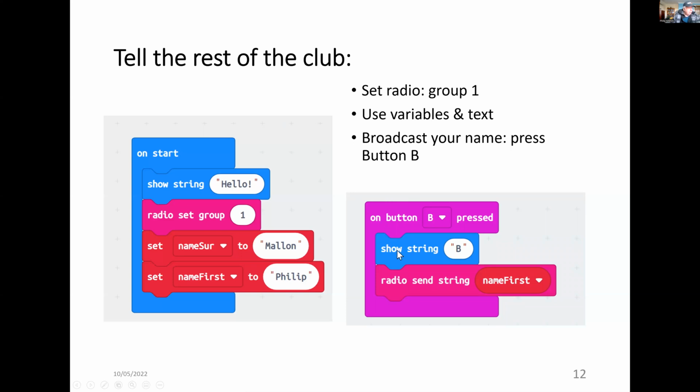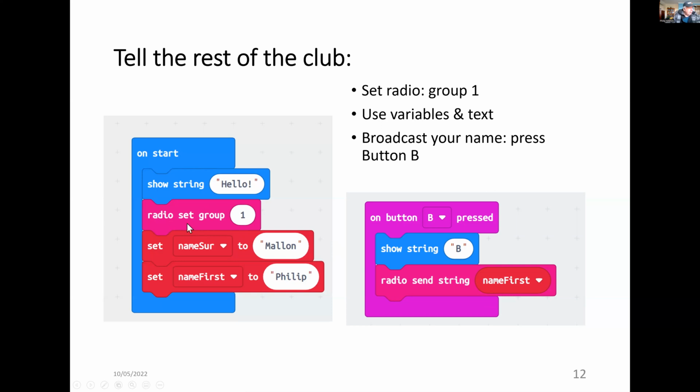And what's going to happen is that on the string, we're going to have B there for broadcast, and we're going to use a block here called radio set string. So what we're going to do is actually broadcast my first name onto the radio. So on startup, we've added an additional block.